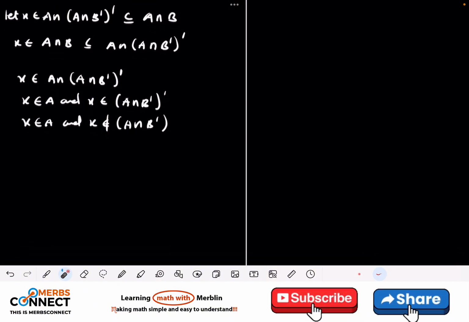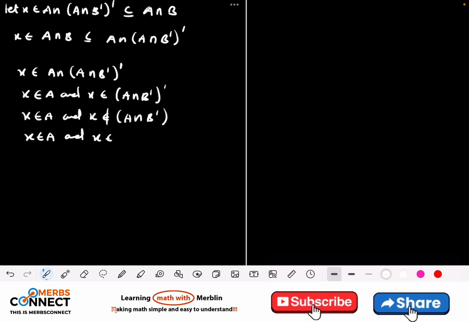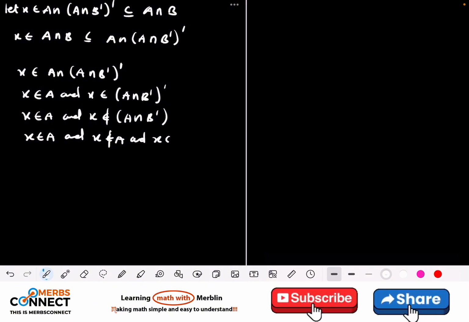So this is what you are going to have. Then now we can expand. x belongs to A, and x is not in A, so the intersection becomes and. x is not in B complement. Good, but let's look at something here.